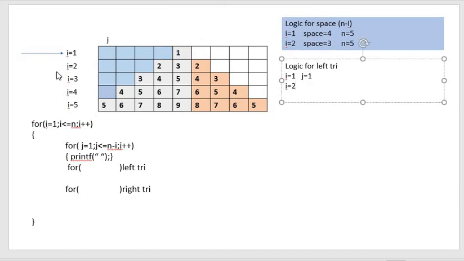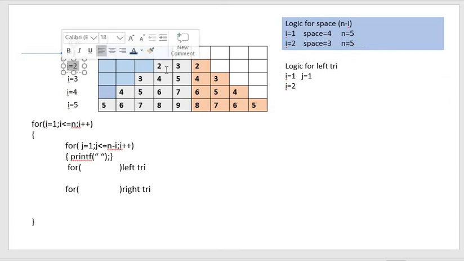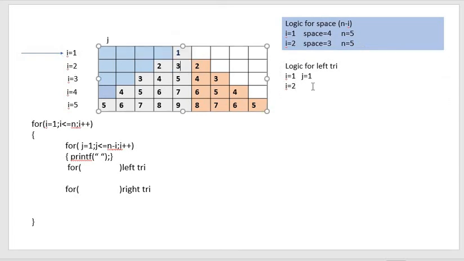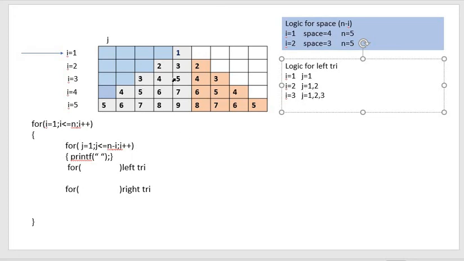Now say I is 2, the number of columns is 2, so J is 1 and 2. When I is 3, J runs for 1, 2, 3, that means 3 columns. Similarly, when I is 4, J runs for 1, 2, 3, 4 in this way. And the value that is printed, value printed.